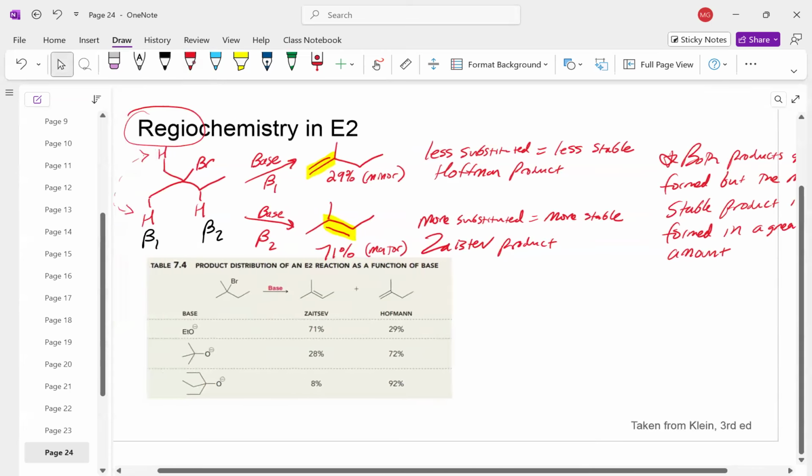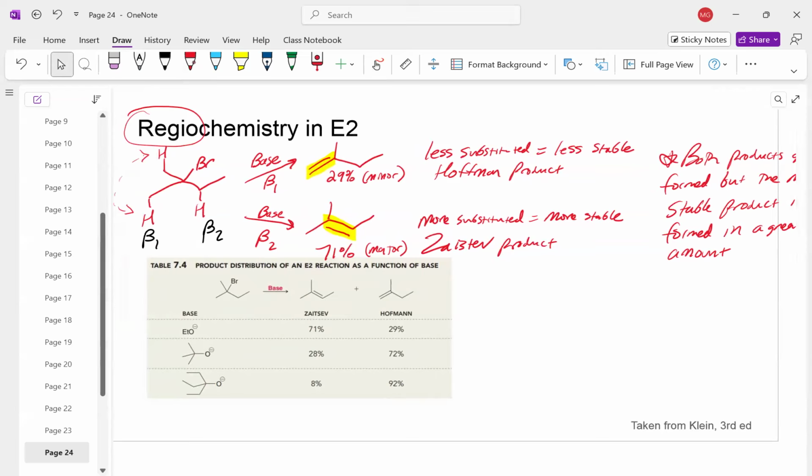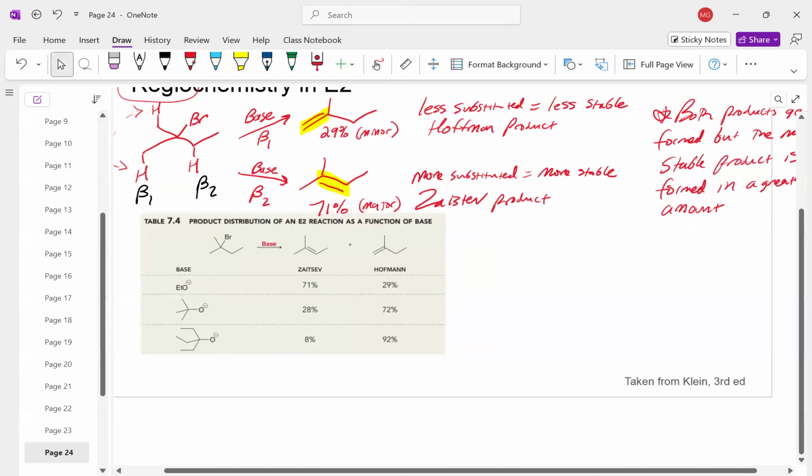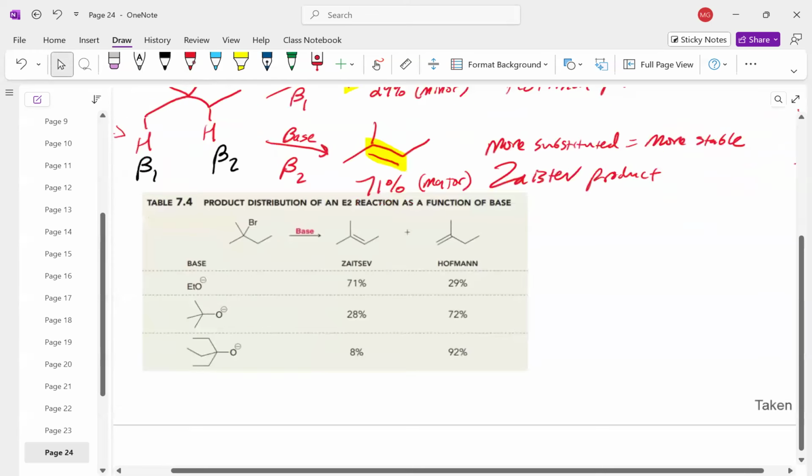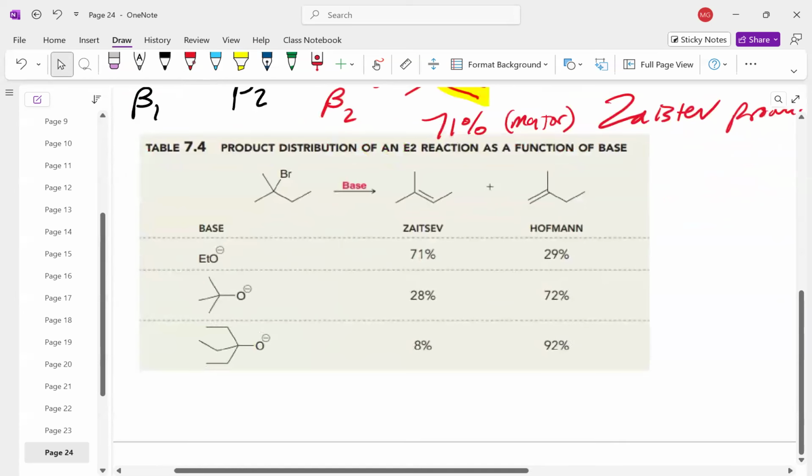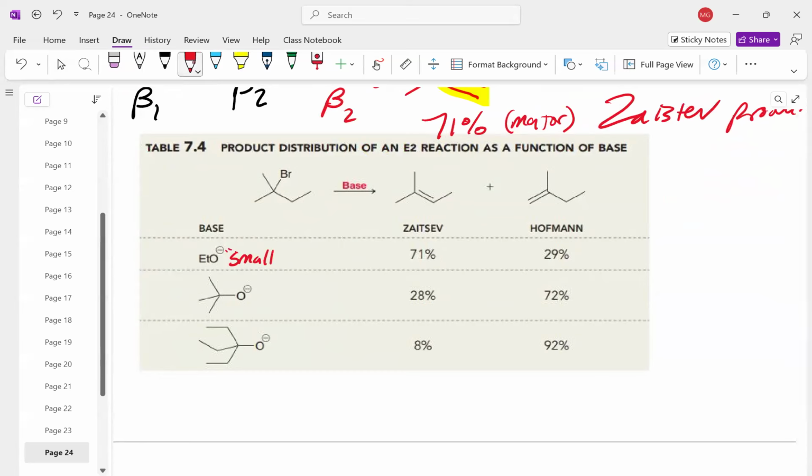Now, there is a way to influence this reaction to get more of the Hofmann product preferentially. And one of the tactics that we have to do this is to use what's called a sterically hindered or a bulky base. For example, look at this table here. In the first entry, we're using a small base.